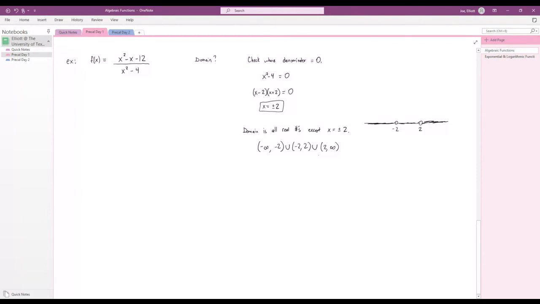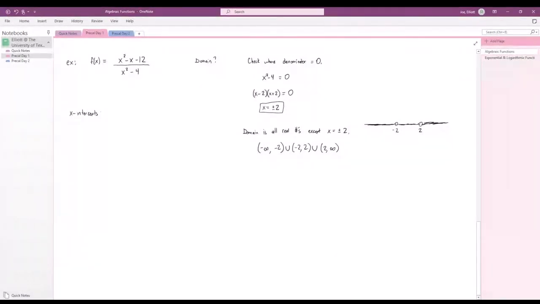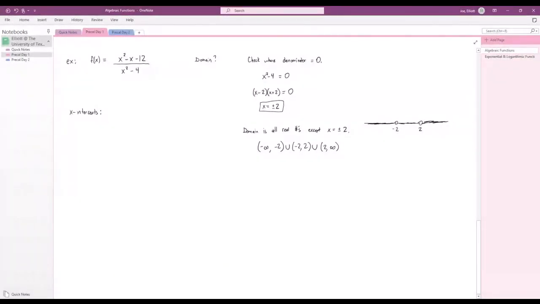Okay, yeah. So where the numerator is 0, that will give you where the x-intercepts are, because that's where the function would be equal to 0. So if you wanted to find the x-intercepts of this function, x-intercepts are where your function is equal to 0.